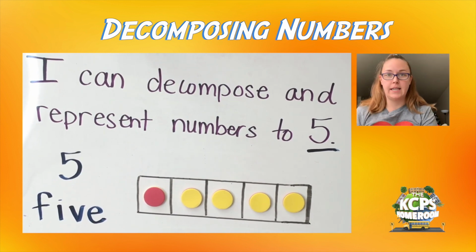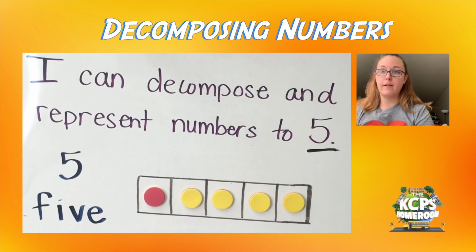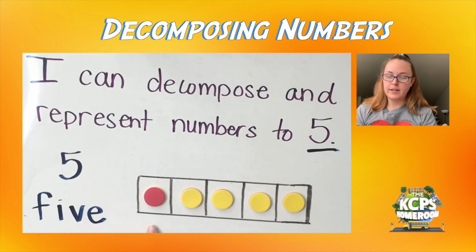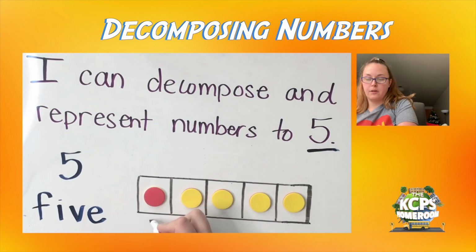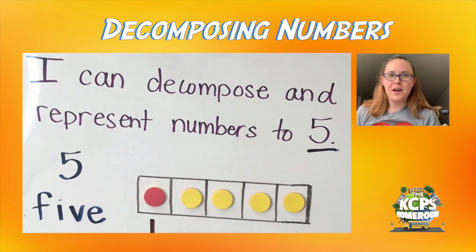What we do have to count are the parts of 5. So how many red counters and how many yellow counters do you see on my screen? I count 1 red counter, right? 1 red counter. Can you count the yellow counters for me?